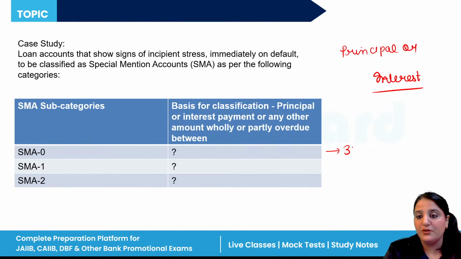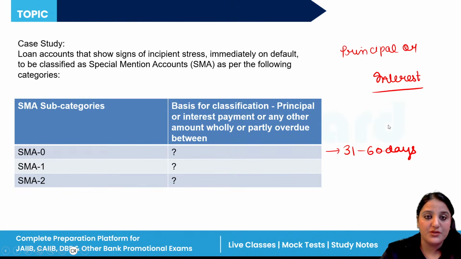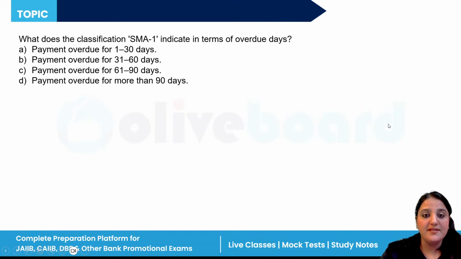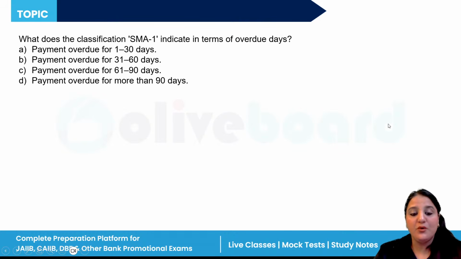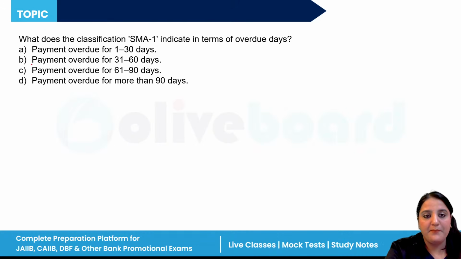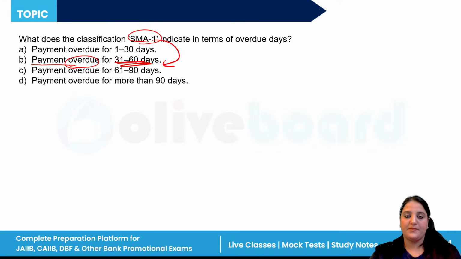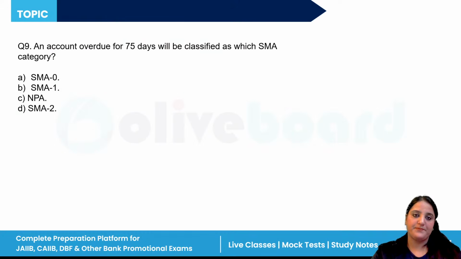So we can say payment overdue for 31 to 60 days. So answer B is correct here. Payment overdue for 31 to 60 days is categorized as SMA1, special mention accounts.